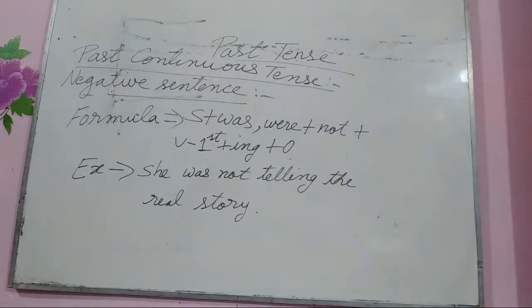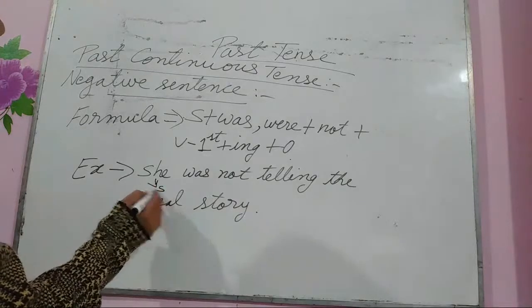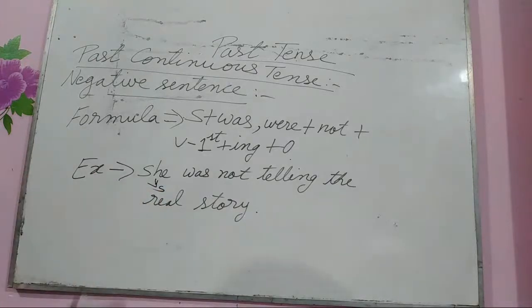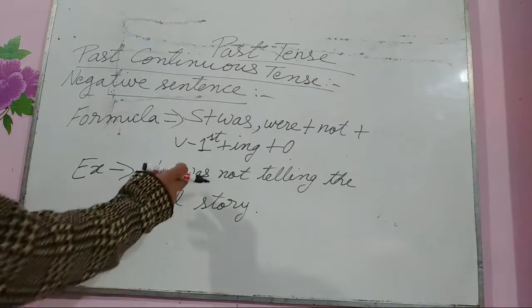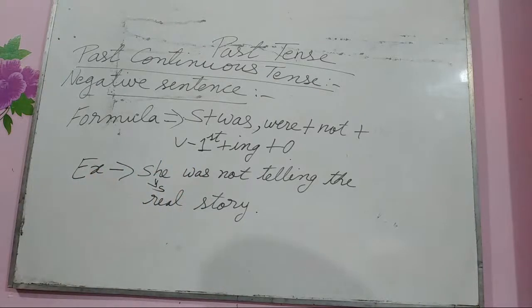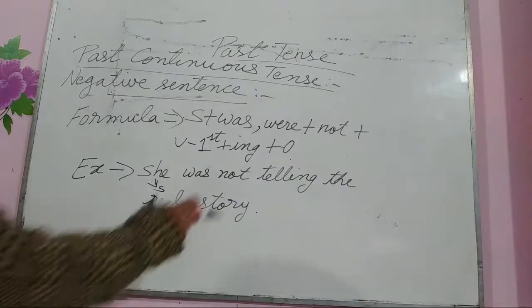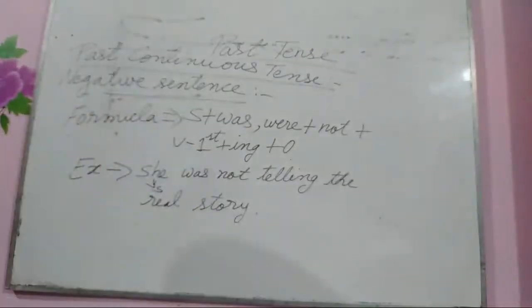The sentence is, she was not telling the real story. So according to the formula of the negative sentence, you can see she is the subject. Was, we are using was because the subject is singular, as well as the sentence is in the past tense. Not, because it is a negative sentence.